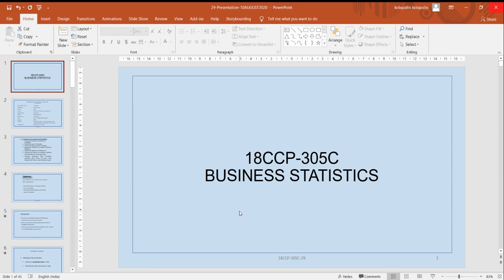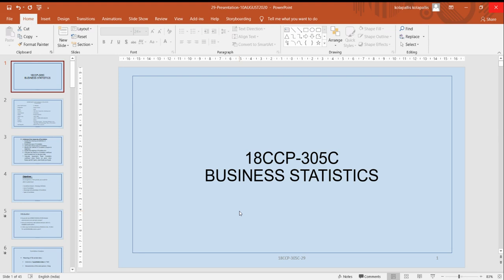In the measures of central tendency, we have learnt about the averages, types of averages, like arithmetic mean, geometric mean, and harmonic mean in the second unit, and about the mode and median.